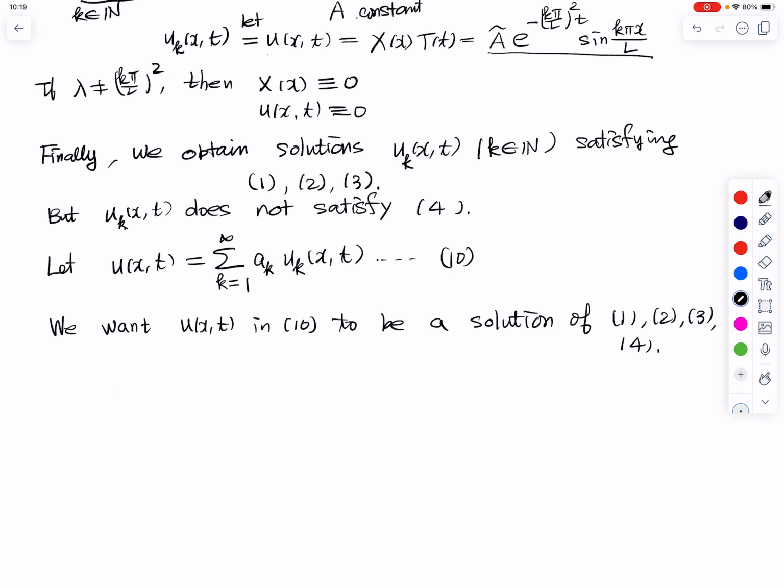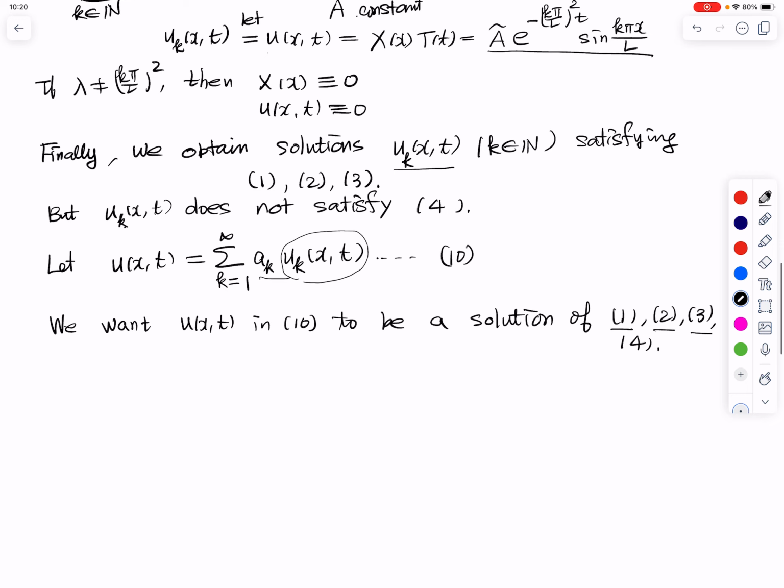And formally, each u_k satisfies equations 1, 2, 3. Formally means not a rigorous proof, just intuitively. So each u_k satisfies the 1, 2, 3 conditions, and if you multiply by a constant a_k it is also satisfied.